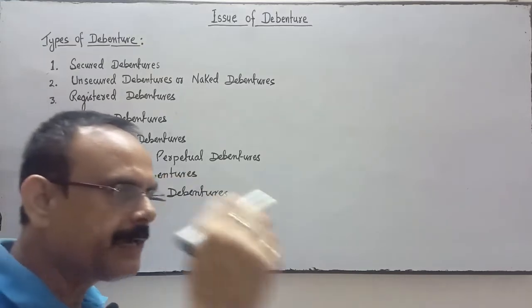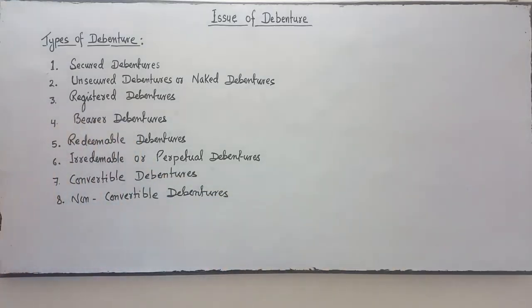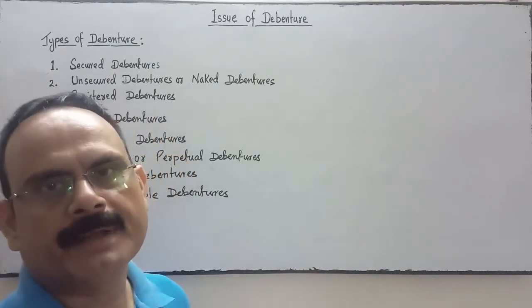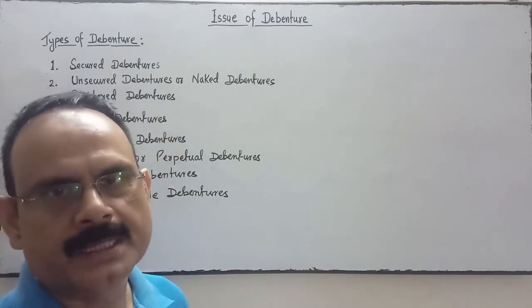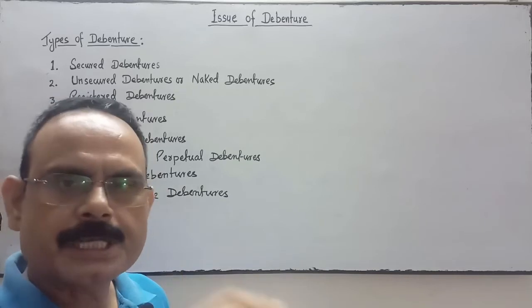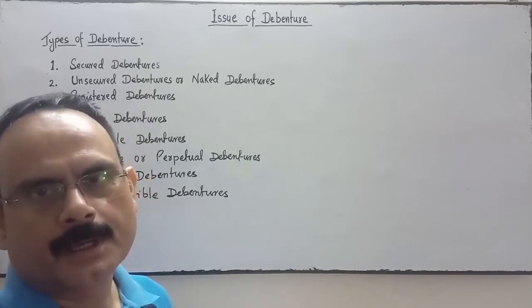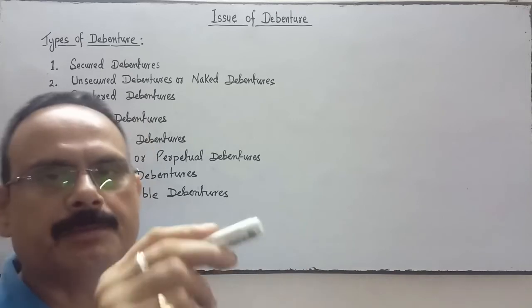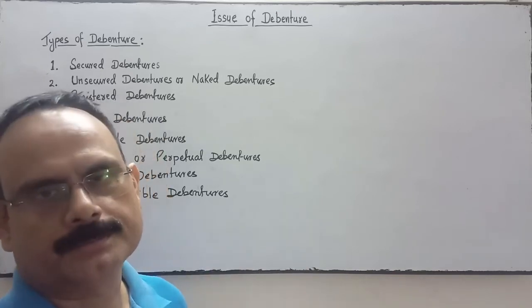Okay, this is freely transferable, and the person who has this debenture certificate and coupons will produce that coupon or debenture certificate, and they will get the interest and the principal amount.